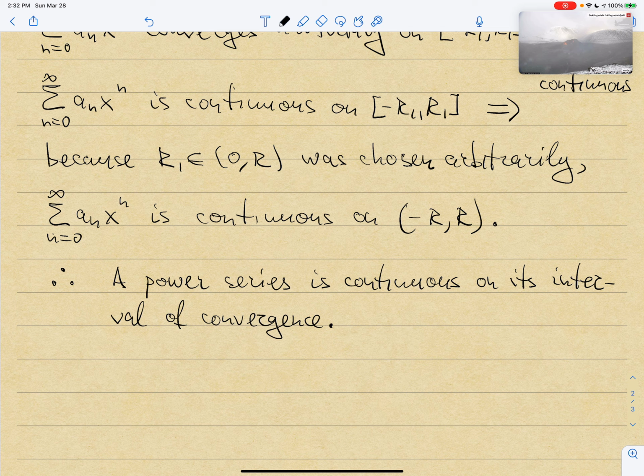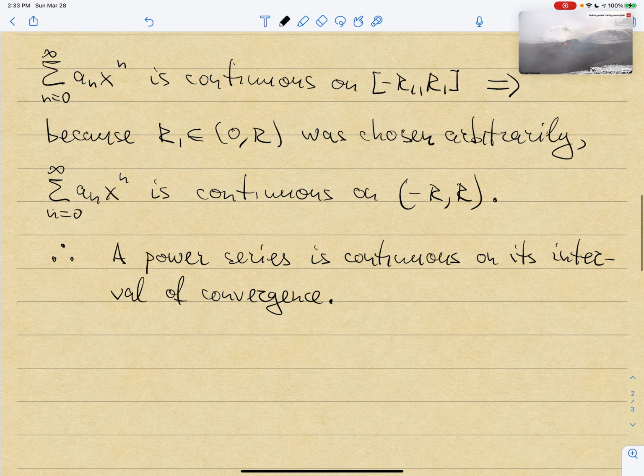All right, so this is good. So that means that if I take any power series, as soon as I found its interval of convergence, I can guarantee that the sum of a power series is going to be a continuous function on that interval of convergence. In fact, we will probably prove this later on, as I skip this section for now.